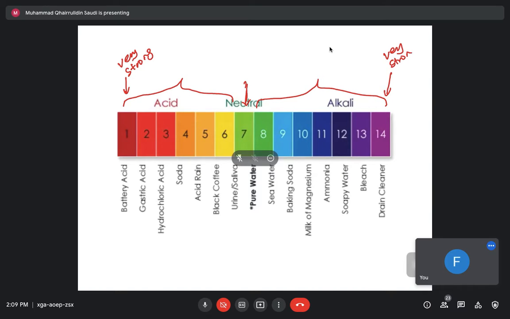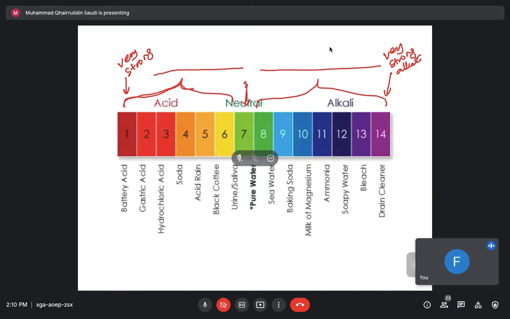Very strong alkali. Okay, so in between very strong acid to very strong alkali, they gradually decrease in the acidity. So very acidic, and then gradually less acidic until neutral, and then start alkali, and then very alkaline. Okay, kita akan tengok why.